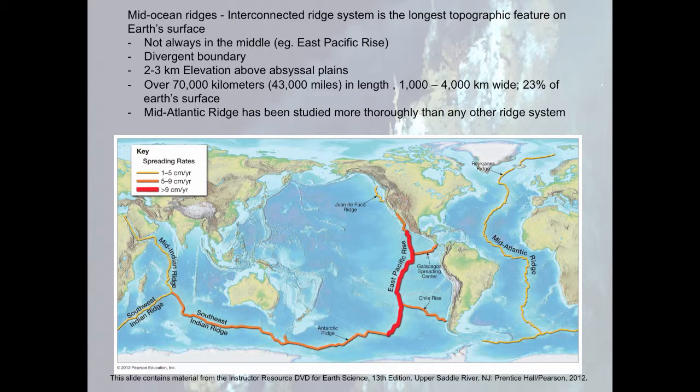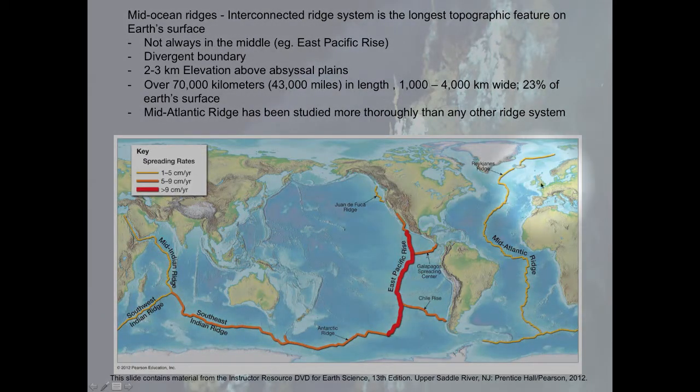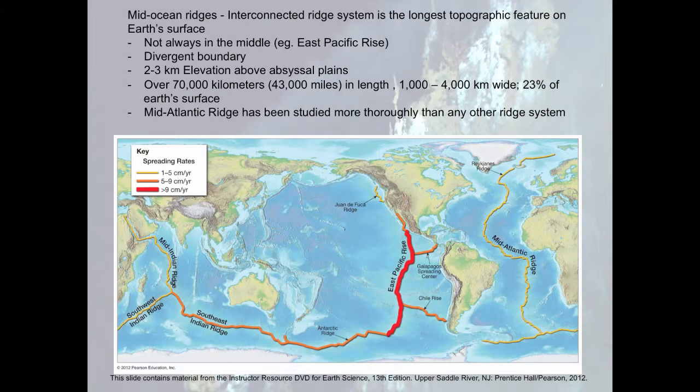And the Mid-Atlantic Ridge, probably because it's in between North America and Europe, where a lot of science has been done, and the North Atlantic was a really important strategic zone in the Cold War between the United States and the Soviet Union up until the late 1980s, is the most studied ridge system of any of them on Earth.